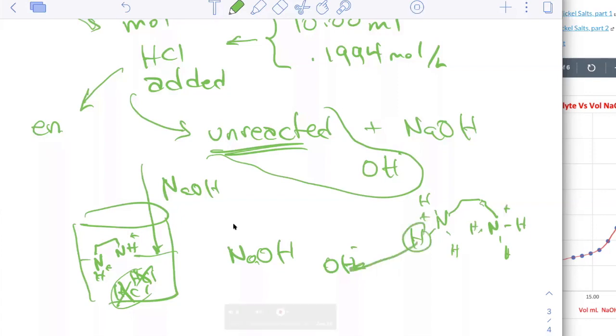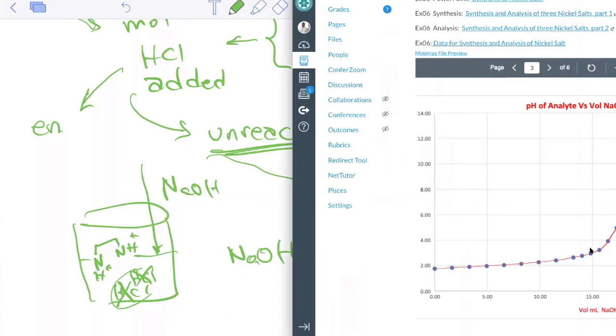And so that's why you see the second inflection point right there, because now the hydroxide is going after the ethylene diamine. But that's not what we want. We want this, because this right here is going to be the moles of the excess acid. So that's where you want the equivalent volume.